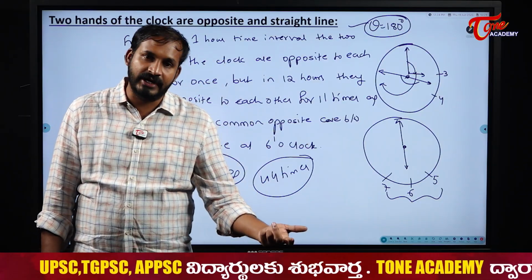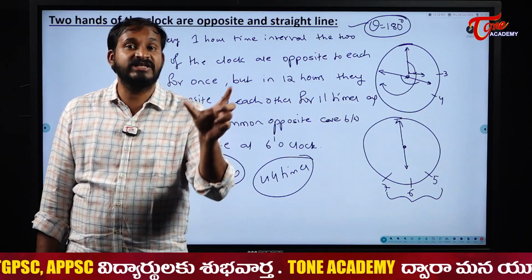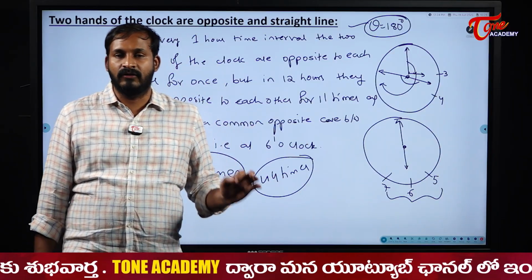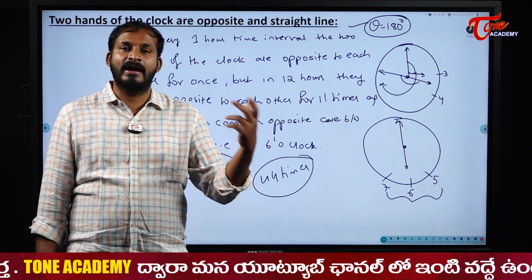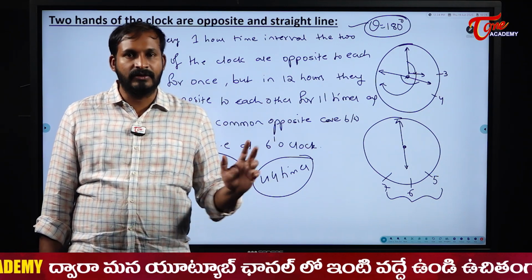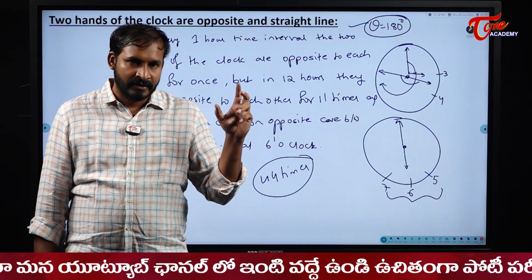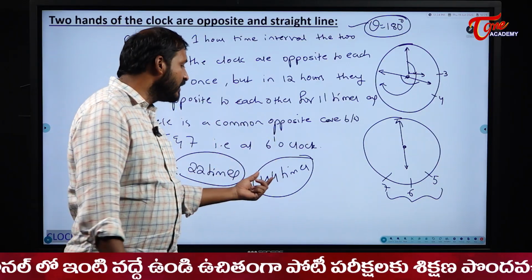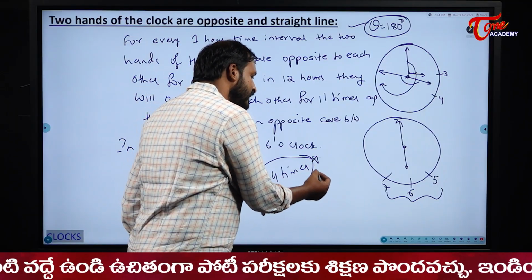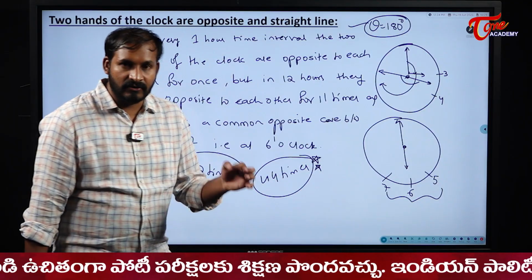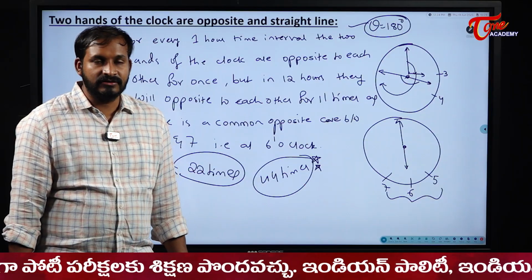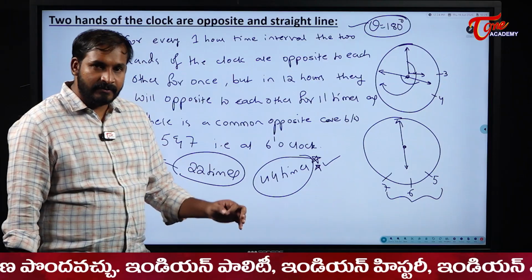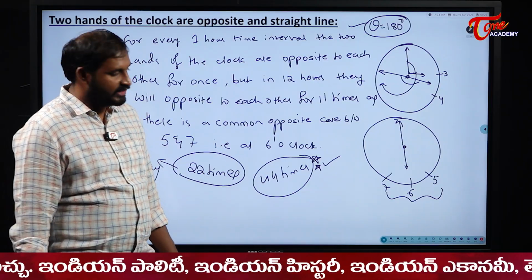Exactly opposite means 22 times. Only straight line means 44 times. So please read the question carefully and then answer. Understood? This is very, very important. They may ask us questions from this area.